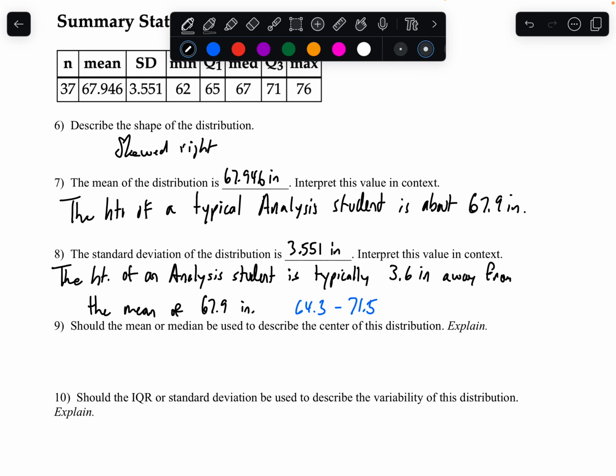So I would say the median should be used, or is a better descriptor.